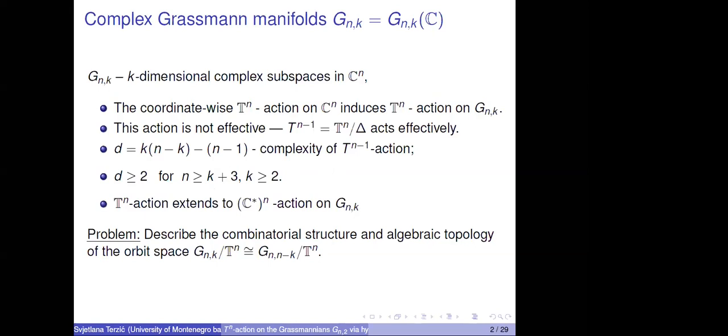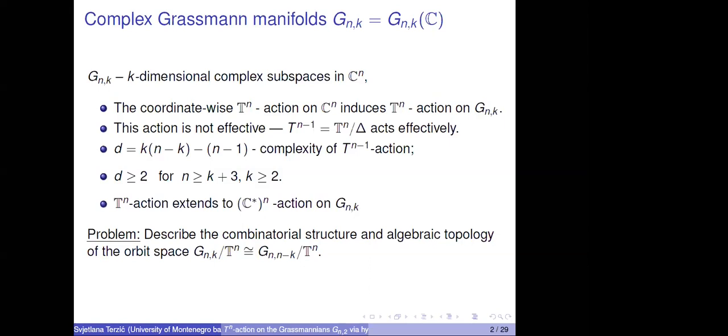The complexity is also related to the complexity of the problem, because when the complexity d is equal to 0, we get a class of manifolds, toric manifolds, quasi-toric manifolds, whose orbit space can be combinatorially described.